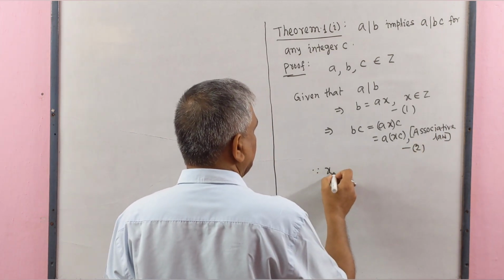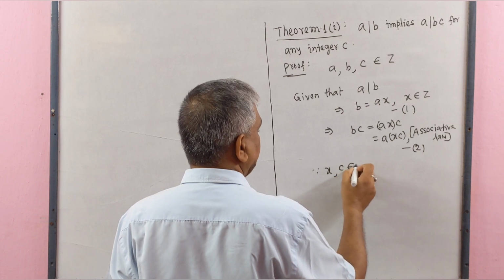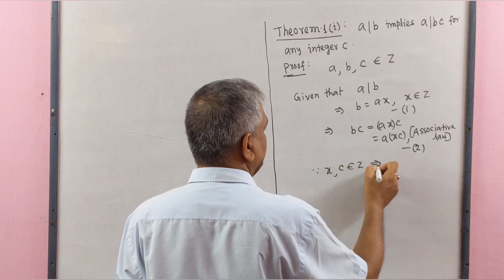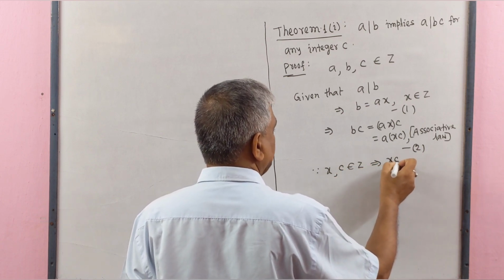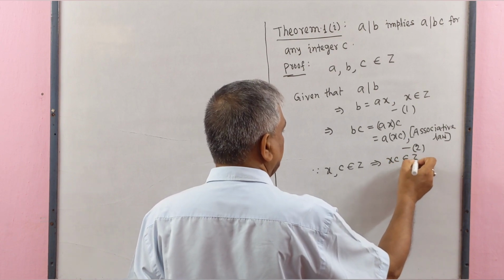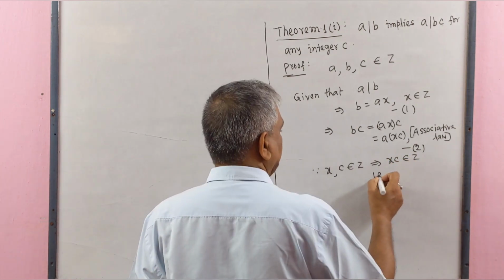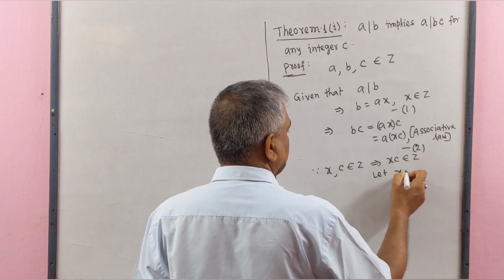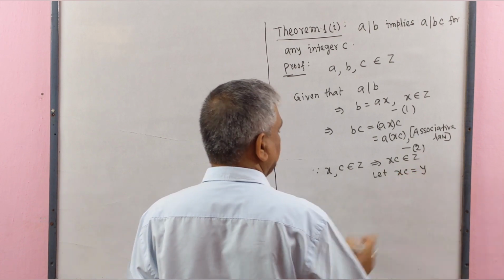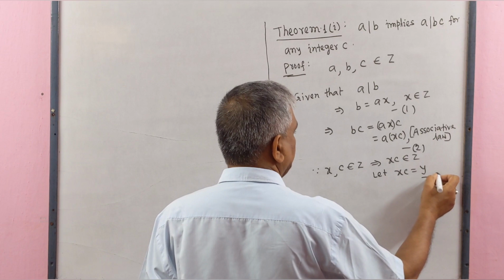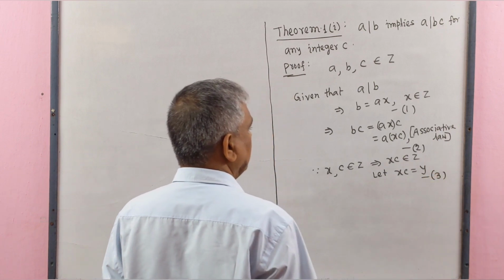Since X, C both are integers, implies that their product is also integer. Let XC equal to Y. This is number 3.